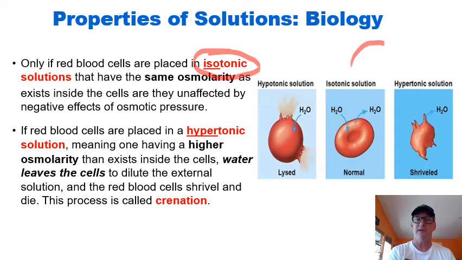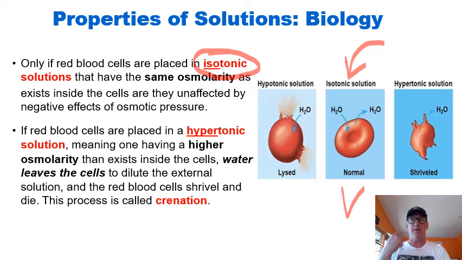That would be the situation in the middle here. So we don't have a net influx of water into the cell or efflux of water out of the cell. And so the cell maintains the same volume because the amount of water going in is the exact same as the amount of water coming out. And so it retains the same volume.